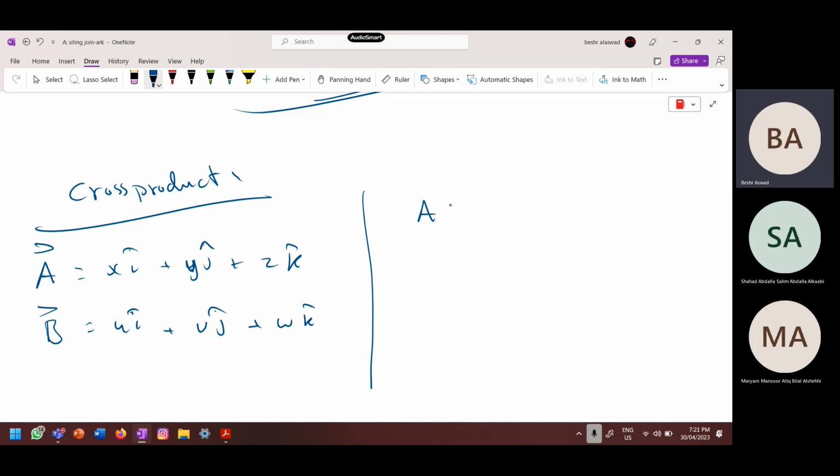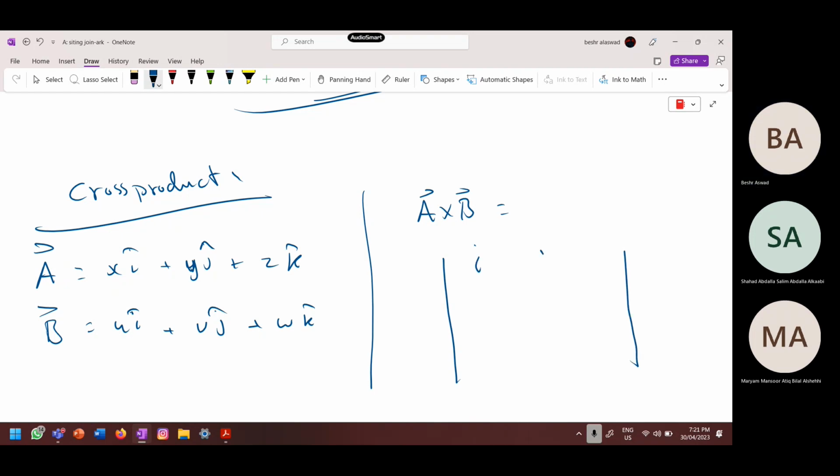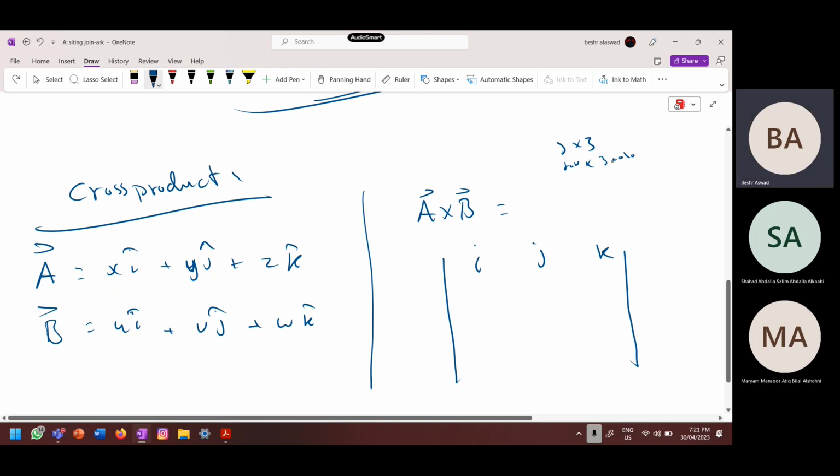So A cross B can be given as the following. You need to do a matrix i, j, k. This is a 3 by 3 matrix, 3 rows with 3 columns. Now you need to plug the values according to the order that is given.